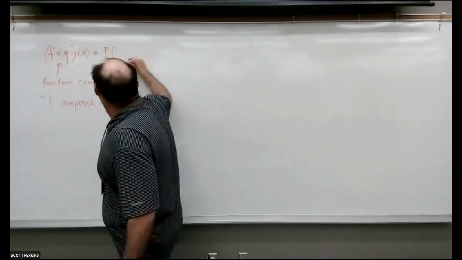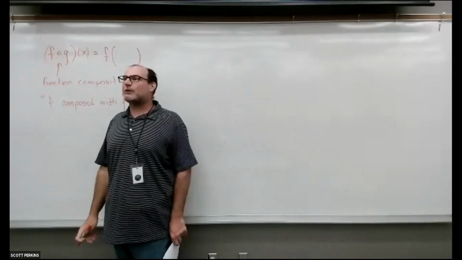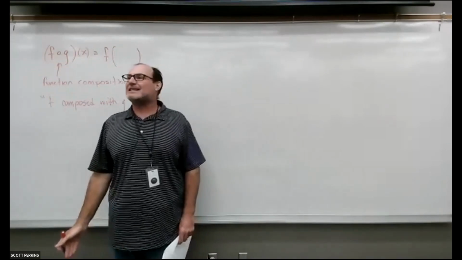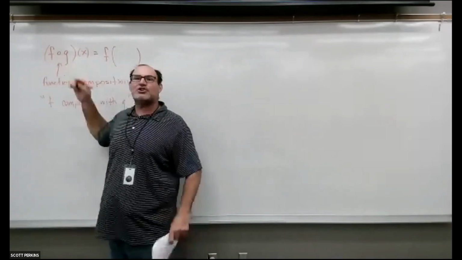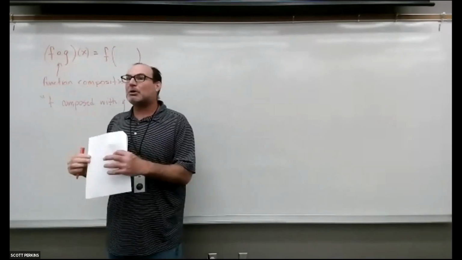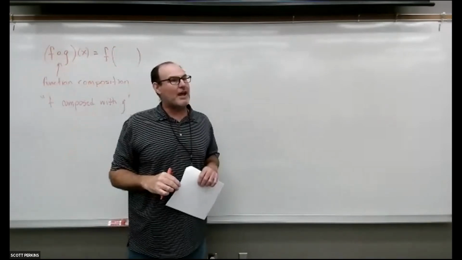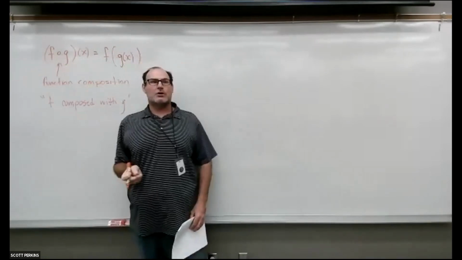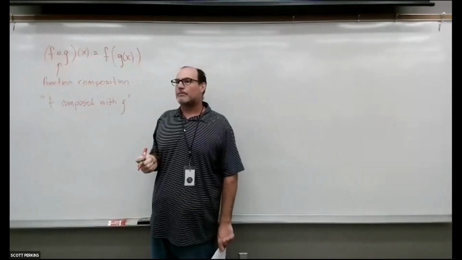And then I'm going to put parentheses for function notation, just like we would for anything else. What function composition means is I am taking this function g of x, and I'm actually plugging it into the function f. So I'm plugging g of x into f of x.